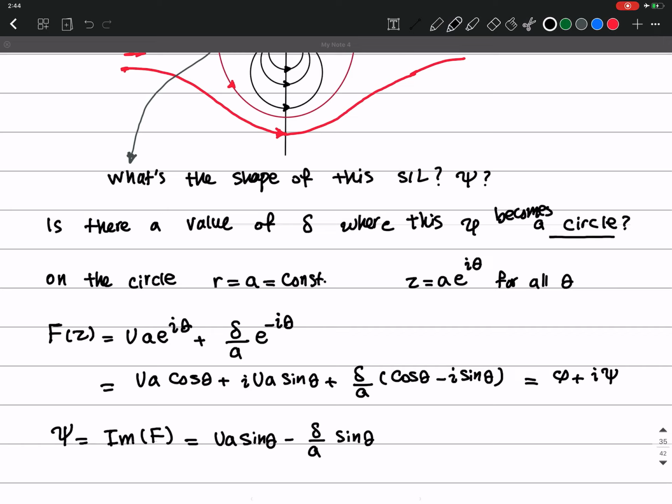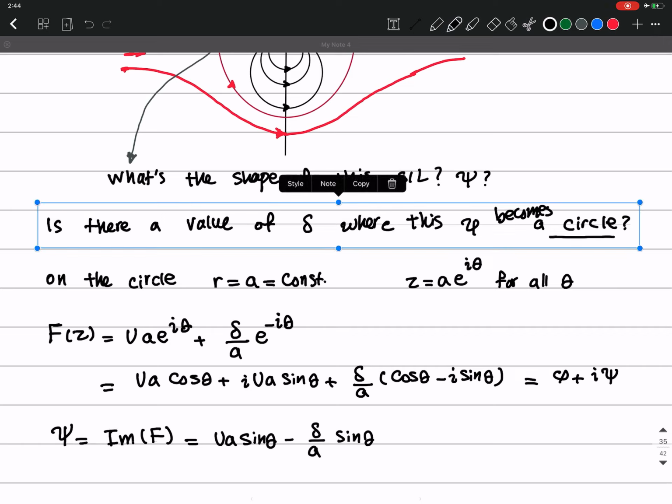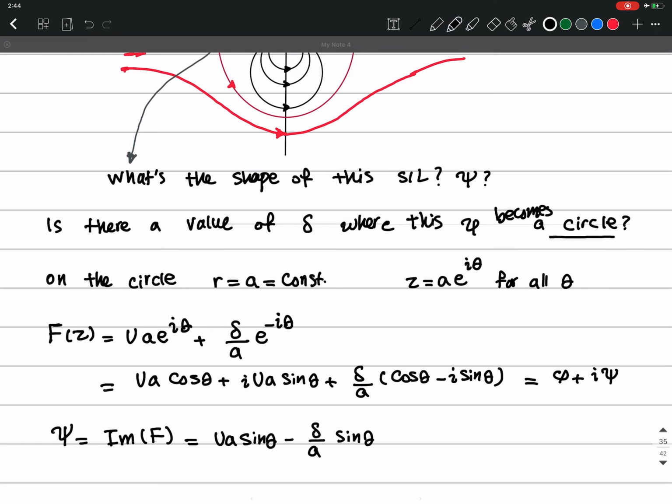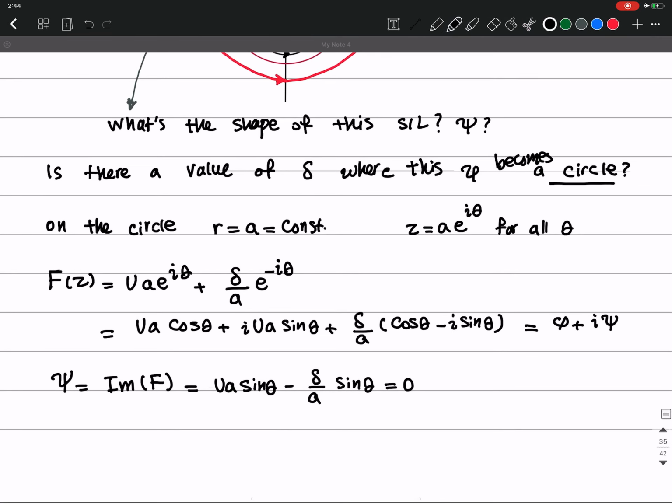Okay, I think this is a proper way of asking this. Okay, so now I want to set this psi to 0, and if we set this to 0, then delta is going to be what? These two sine thetas are going to cancel out, and delta is going to be U a squared.